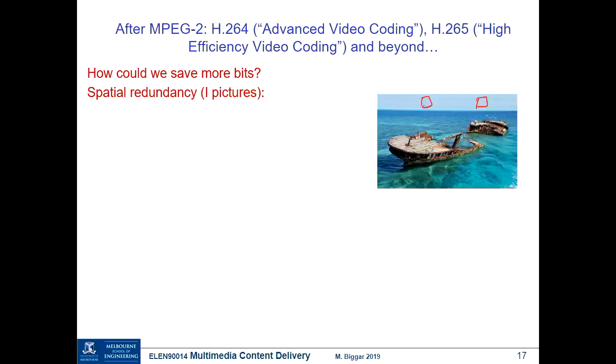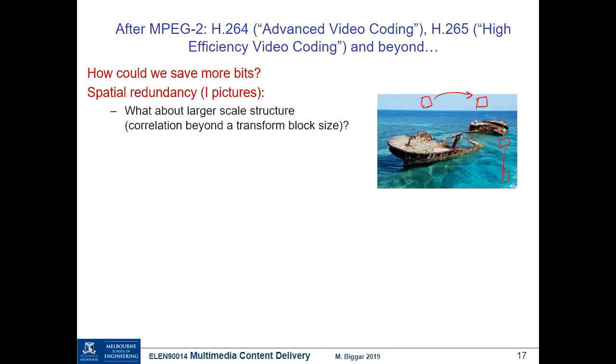So why aren't we doing that prediction, for instance? Maybe this area predicting this area, something like that. It wouldn't necessarily be a perfect prediction, but it could be better than just encoding each block separately.